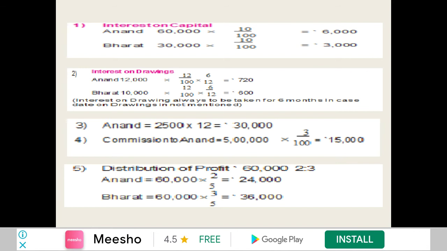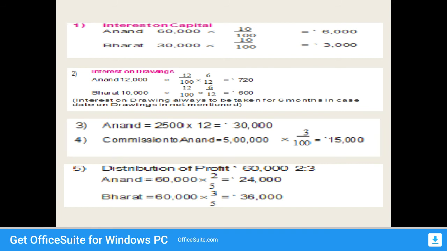Bharat 10,000, 10,000 multiplied by 12 divided by 100 multiplied by 6 divided by 12, so 600. Interest on drawing is always taken for 6 months in case the date of drawing is not given.